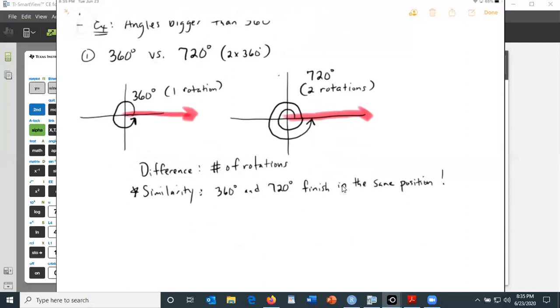Okay, they finish in the same position. So essentially what we'd say is that 360 and 720 in terms of position are equal.